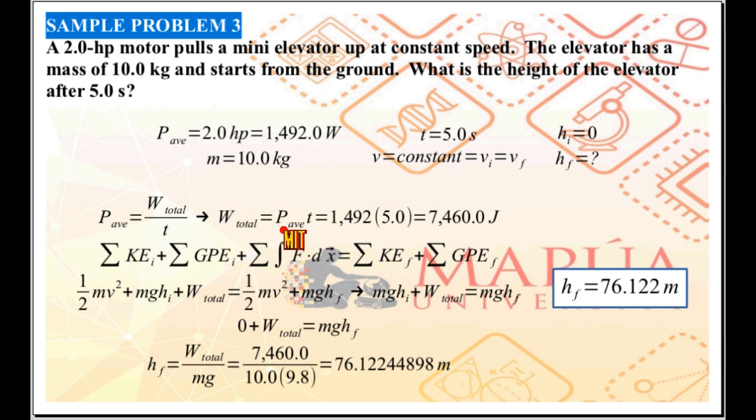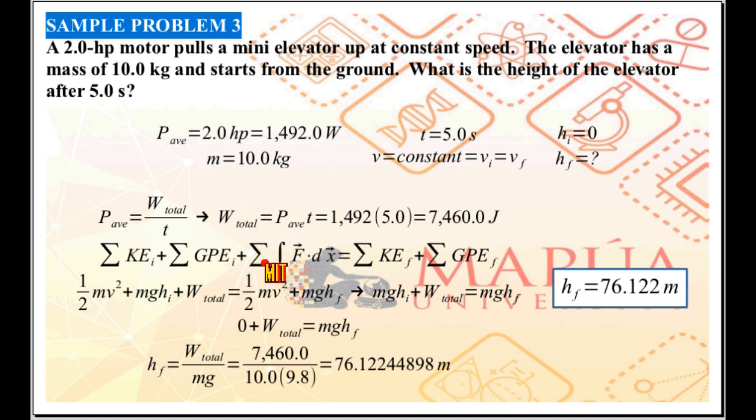We know P average, we know time t, so we are able to calculate the total work done by the motor, 7,460.0 joules.